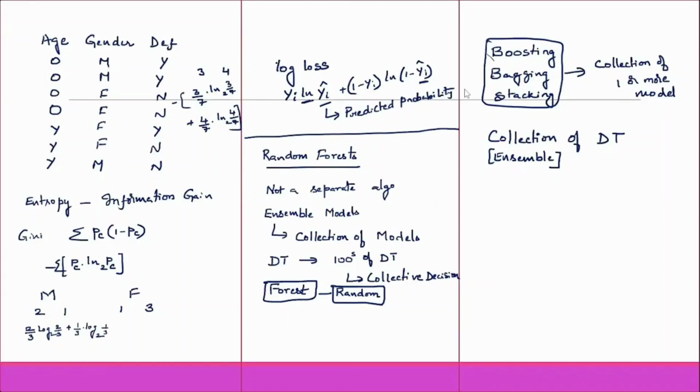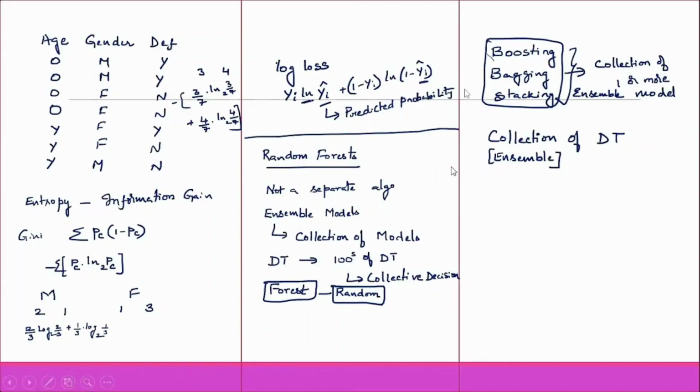Am I making sense to all of you? So ensemble is nothing but a group. These are all ensemble models. These are all ensembles.